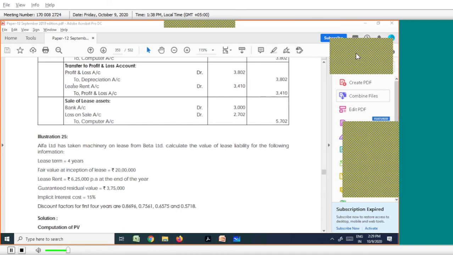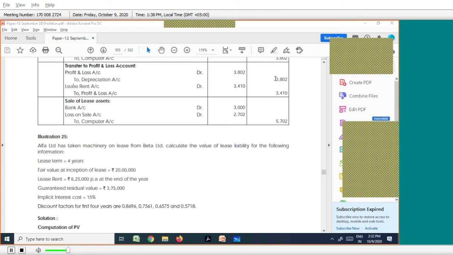By reading the question, you should be able to guess whether it is a finance lease or an operating lease.